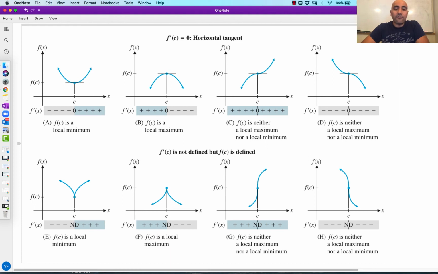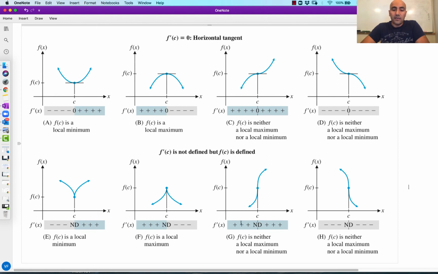On the other hand, if we see that a test point to the left of c results in a first derivative that is positive, and then a test point to the right of c results in a first derivative that is negative, again we see a transition from positives to negatives, so f of c is a local maximum. And then just like before, in both of these cases, we find that when we take test points to the left and to the right of the c value, we do not see a transition.